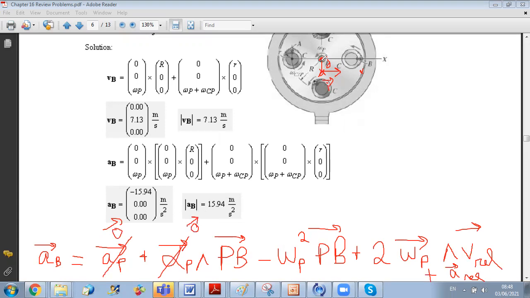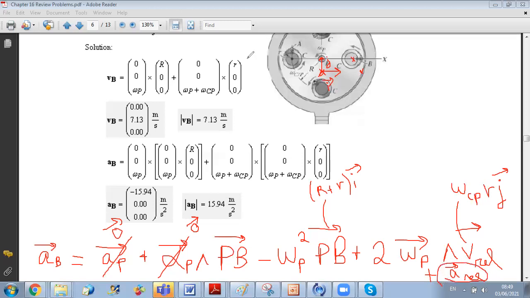Vector PB, as we said, is big R plus small r along I. V relative was calculated in the previous step. Okay, V relative is equal to the relative velocity of B with respect to the center of the car, which is omega CP, the relative angular velocity, times the small radius r along J. Okay, so we still have to determine what is A relative.